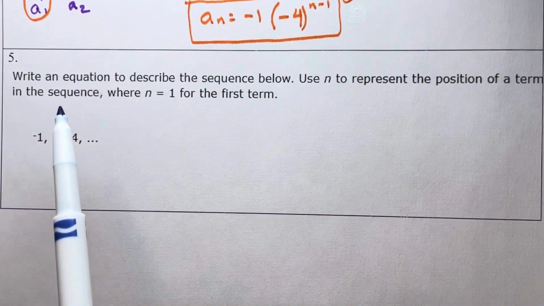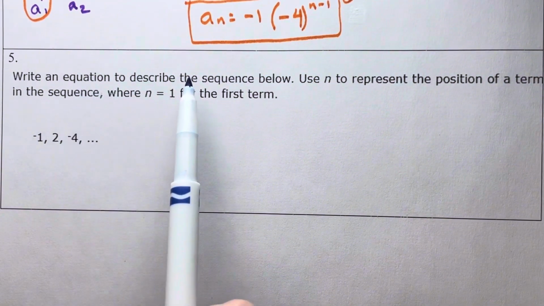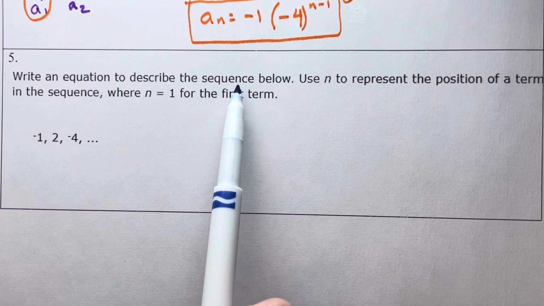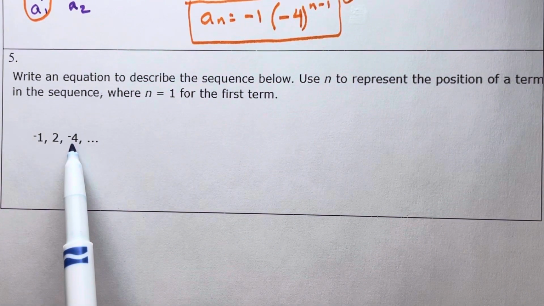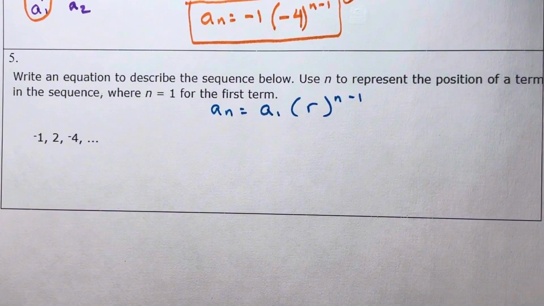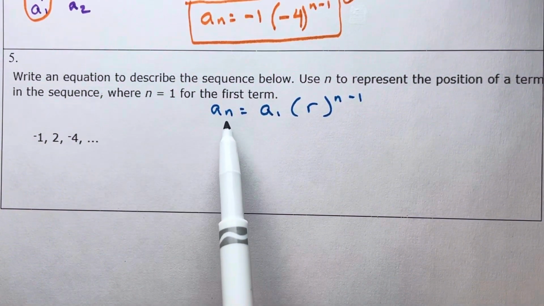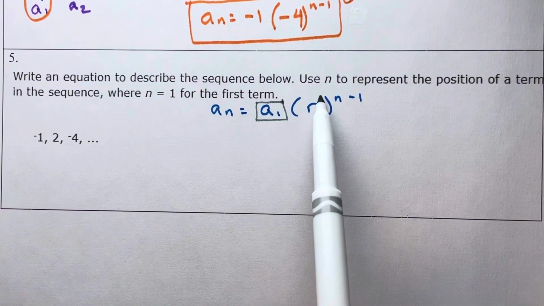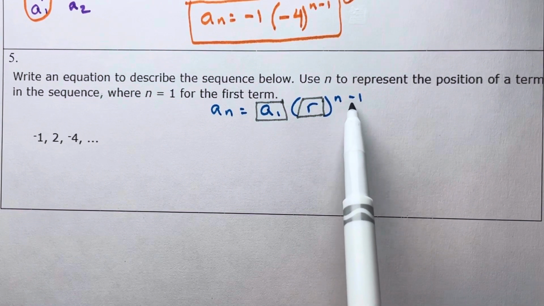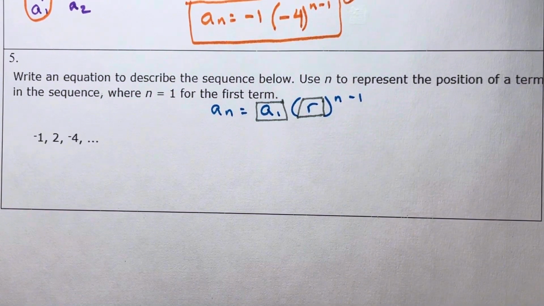In our fifth and final example, we're going to write the equation that describes the geometric sequence below of -1, 2, and -4. Knowing that geometric sequences can be written with the rule of the first term times the ratio of the second and first term to the power of n minus 1, let's get our numbers figured out.